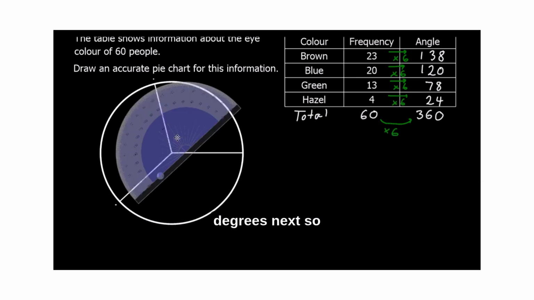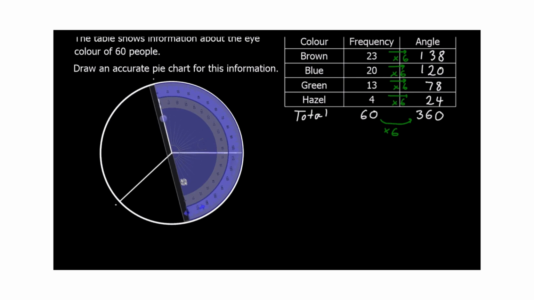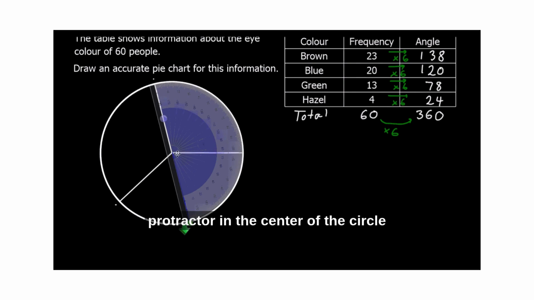78 degrees next. So 0 lined up with the line we've just drawn. The center of the protractor in the center of the circle. And we want 78 degrees. So 0 round to 78.